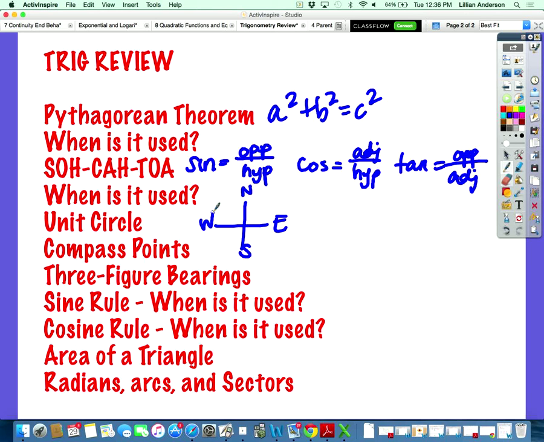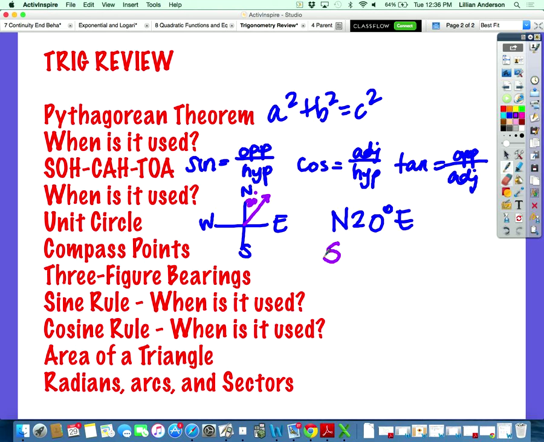And just a reminder: north, 20 degrees east. If they give you that, you come from the north direction and you head which way? To the east. 20 degrees to the east direction.